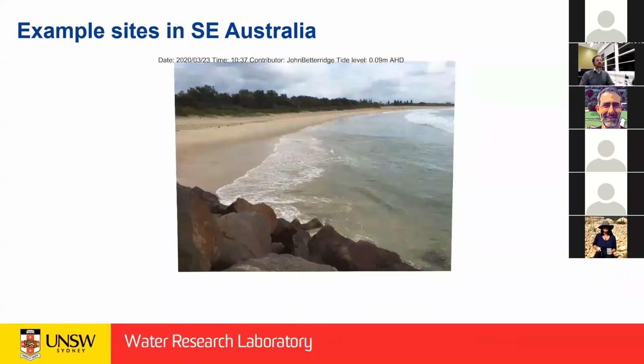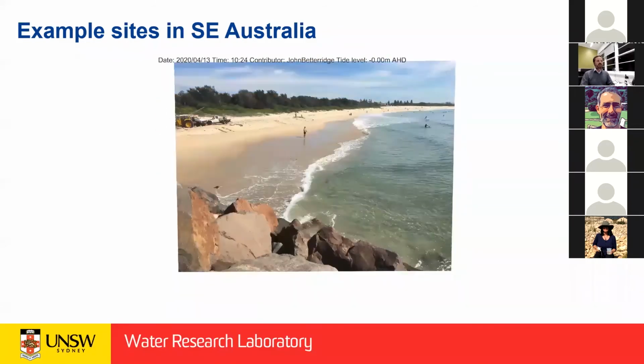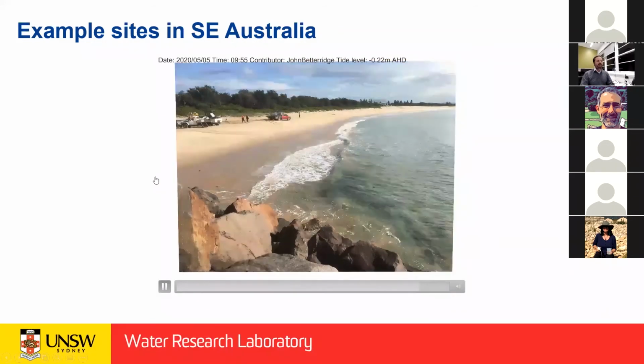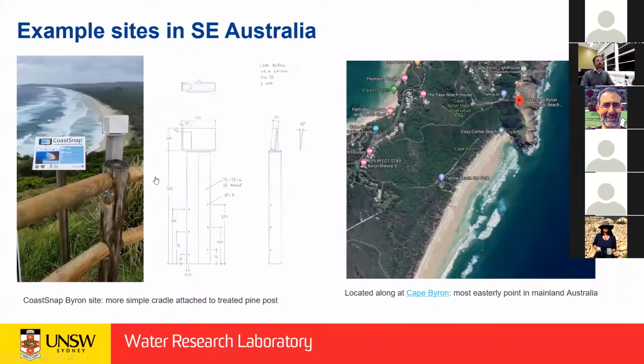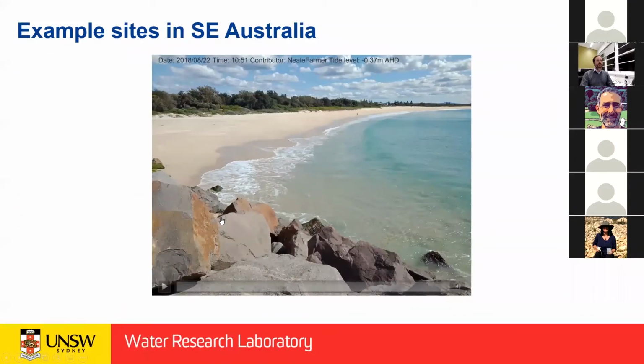Cheers. Yeah. So as I said, theoretically you only need 2 ground control points. I don't have it here, but what we actually use are corners of rocks. One is just here where you can see my cursor. So just looking at some features on rocks.